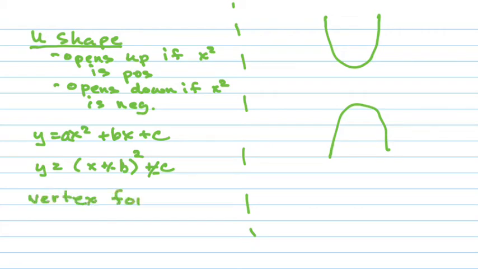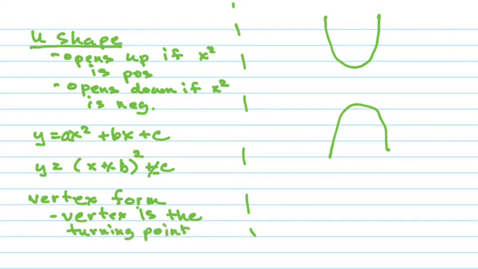Because we're easily able to find the vertex. Now let's define that. The vertex simply is the turning point. If you'll look at the two parabolas I've drawn, at some point this one stops going down and starts going up, and at some point this one stops going up and starts going down.